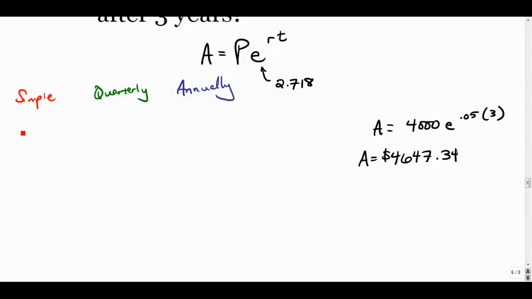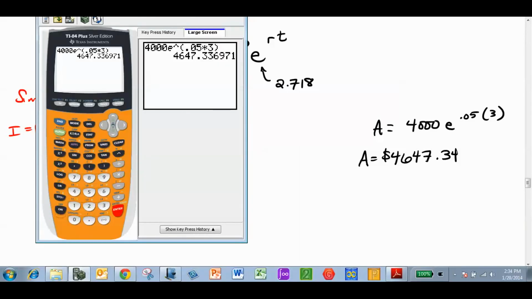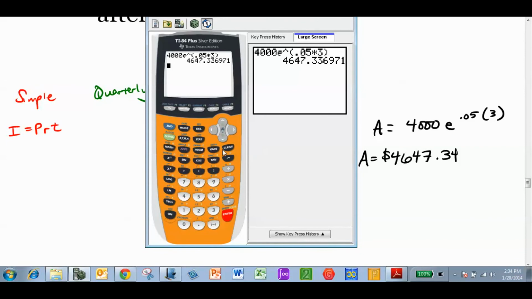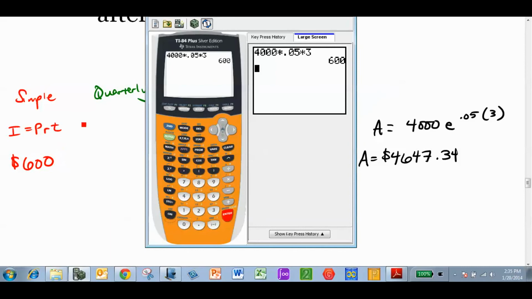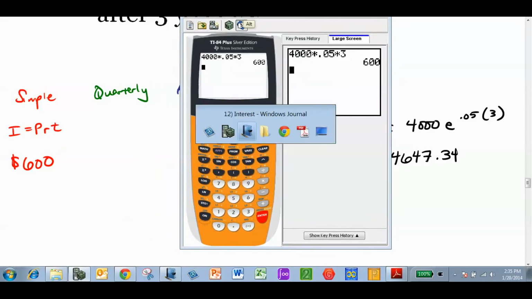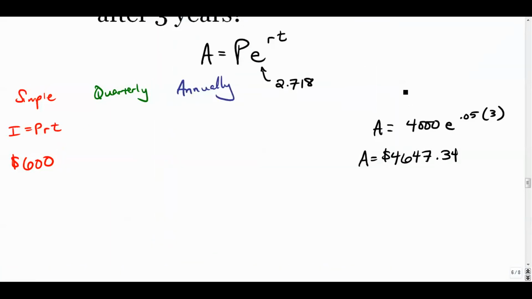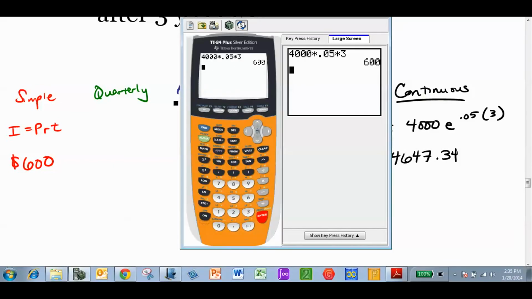If this were simple, it'd be P times R times T. It's going to be 4,000 times the rate times the time period, which is 3. So simple interest only gained $600. Still a lot, but certainly not as much as compounding continuously. Remember, over here is continuous.